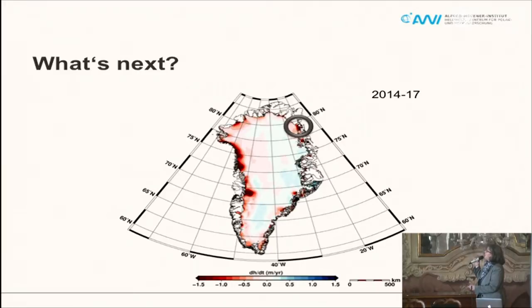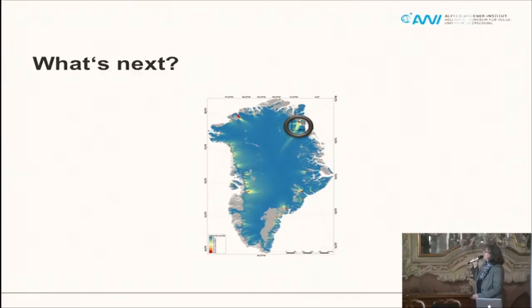And that is for one reason: you already see an elevation change in the northeast, and that makes it suspect to understand what kind of mechanism is behind that. And the other reason is that if you look at the flow velocities of the Greenland ice sheet, you see in reddish and greenish colors the glaciers which are flowing fast.